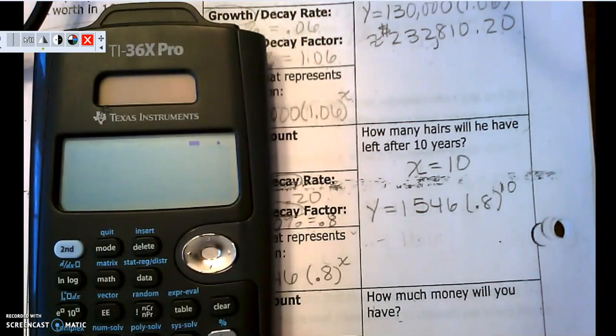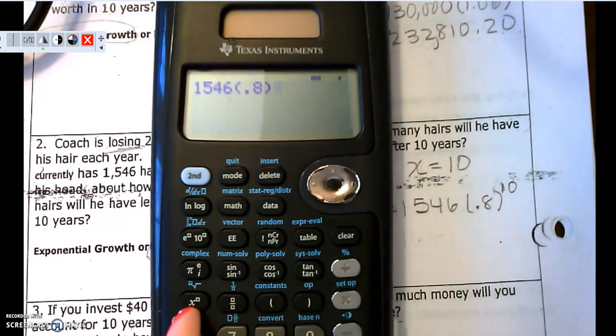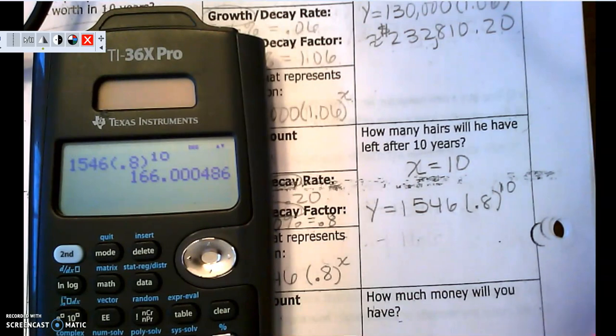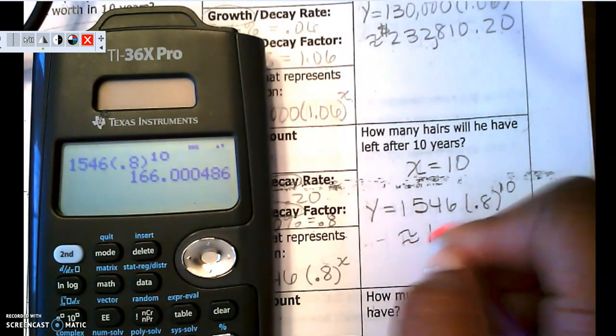So in the regular part of the calculator, we're just going to hit 1,546 times 0.8, or 8/10. And then we're going to hit that x to the box button, and then simply input 10.